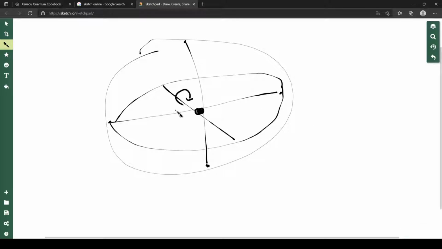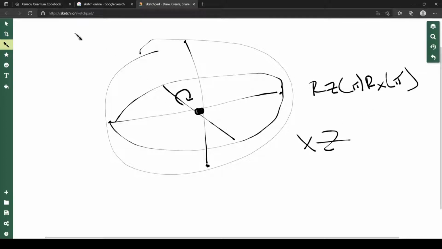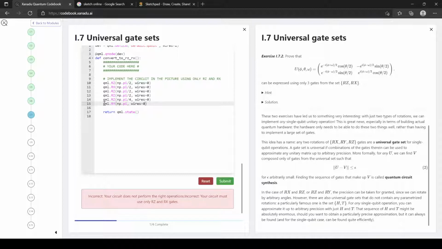So that's a rotation about X and a rotation about Z. So in this case, it's our Z of pi or X of pi. Is that, that's just an XZ. Is that, am I crazy? Let me see if I'm crazy.